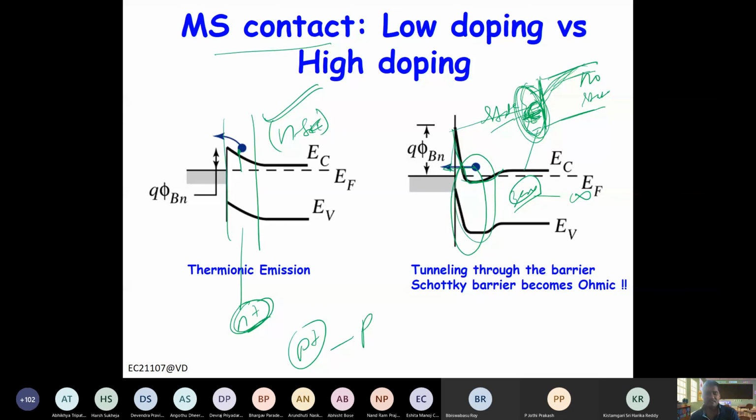If you have any question, you can ask. Otherwise, we will close here, and in the next class we will discuss bipolar junction transistors. So we have only 2 weeks left. So in the first week we will do BJT, and in the second week we will do MOSFET.